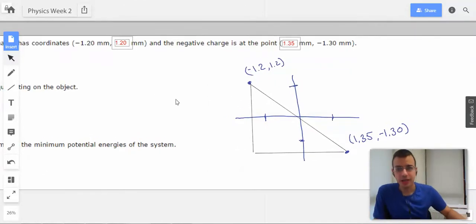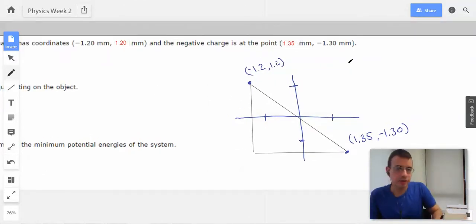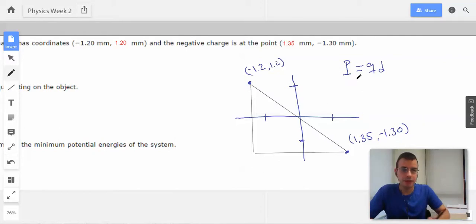So we need the dipole moment, which is also the symbol for momentum, but it's not momentum. Different concepts, do not confuse the two, even though they have the exact same symbol. All right, so since these are both vectors, the question is what is the direction?